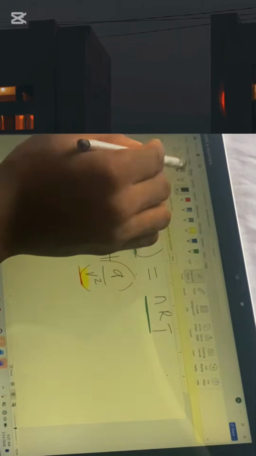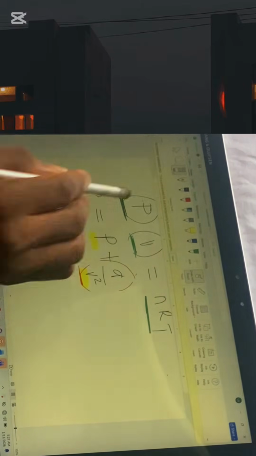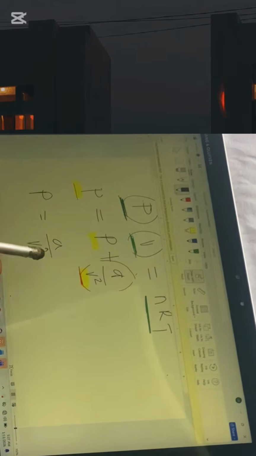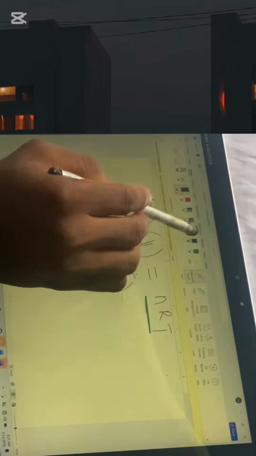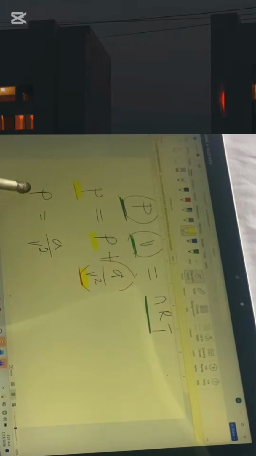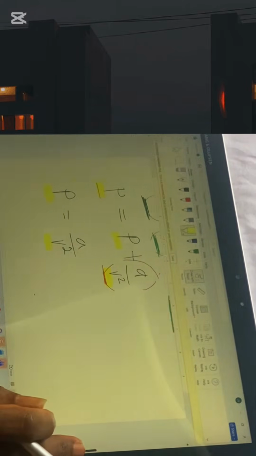Okay, now let's make A the subject of formula here. But don't forget, this P here represents pressure. This V here represents volume. Please don't forget. So making A the subject of formula, I will cross multiply.